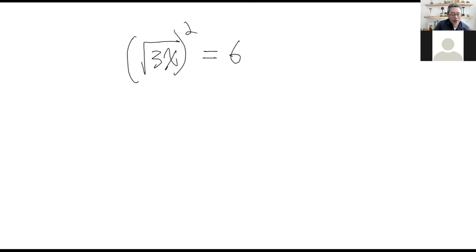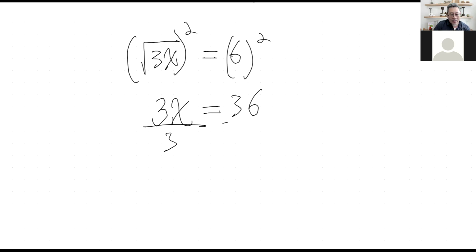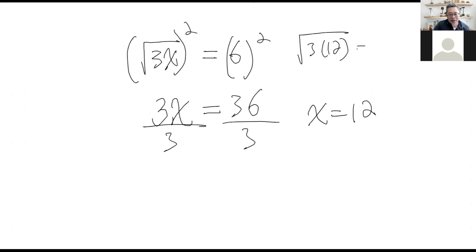That's how we can open up the square root of 3x. So we got 3x equals 36. That's a linear equation, divided by 3. So then x is 12. And we can check: 3 times 12, that's square root 36, which is indeed 6. Good.